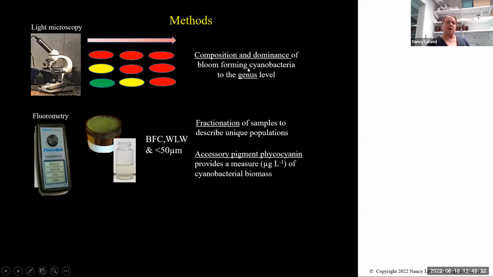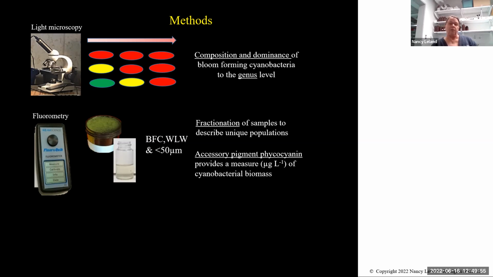So the methods that I had mentioned previously, we use light microscope, and we're able to look at composition and dominance of the bloom-forming cyanobacteria to the genus level with the light microscope. With our fluorometry, we can do fractionation of samples and we can describe these unique populations.